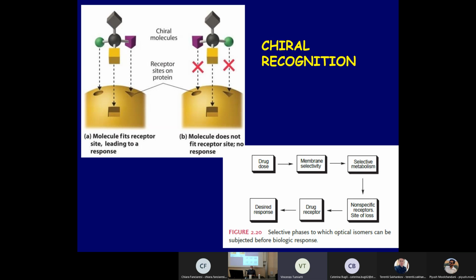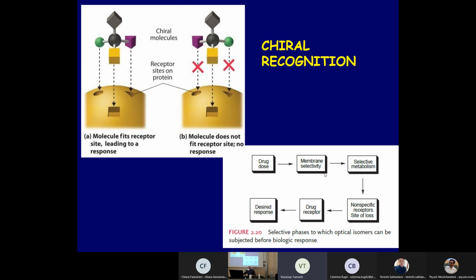The importance of the chirality of a compound is important in the interaction phase with the target, yes, but also in other moments of the distribution of our compound inside our body.